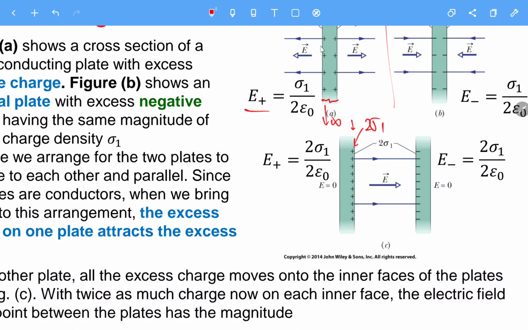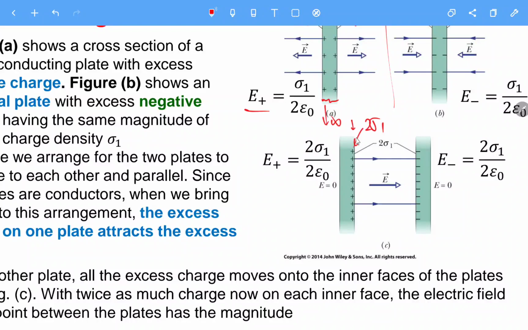Because already half of it was on the left and half on the right, both sigma 1, and now all the charge goes to one side. So it will be double because the left side is 0, so the total charge didn't change, but all the charge goes to a single side. So this is 2 sigma 1, and this is 2 sigma 1. In this case, E plus will be 2 sigma 1 over 2 epsilon naught.